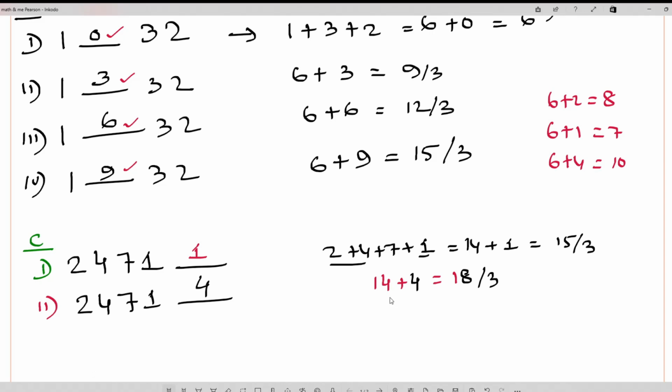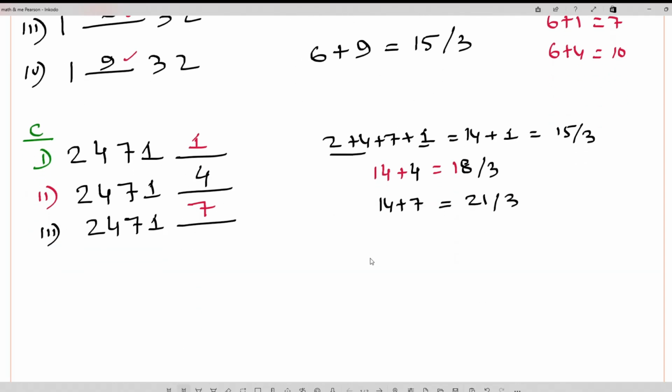Okay. Now next, 14 plus, if we add 5, it will become 19. It cannot. If we add 6, it means 20. It cannot be divisible. But if we add 7, look, 7 plus 14 means 21. 21 is divisible by 3. So here is number 3, 2, 4, 7, 1, and we can add here 7.